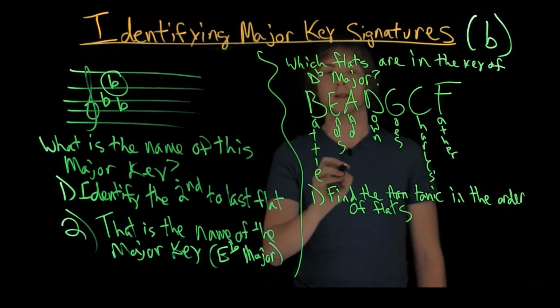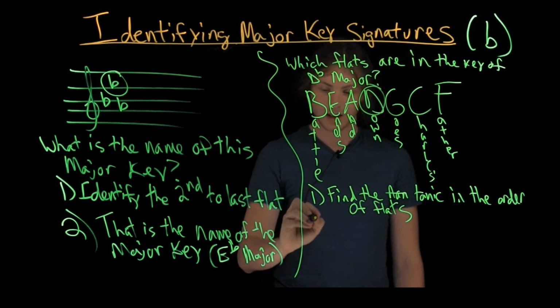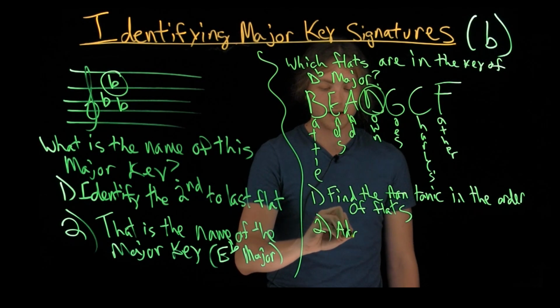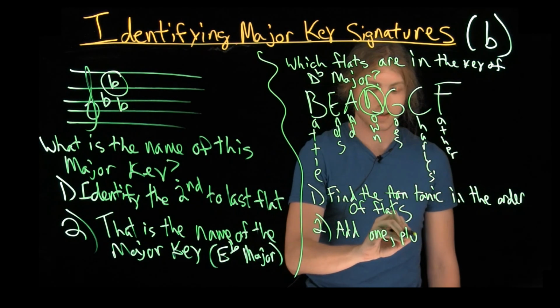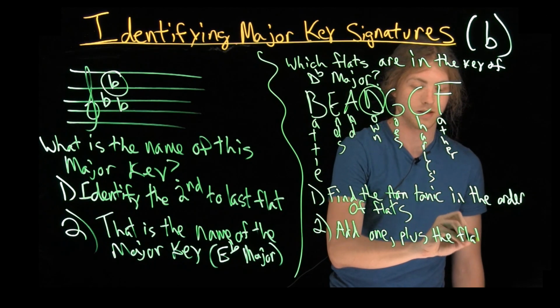So we're looking at D flat major, right? So this is it. There's the D in there. And now we're going to just add 1 plus the flats that precede it.